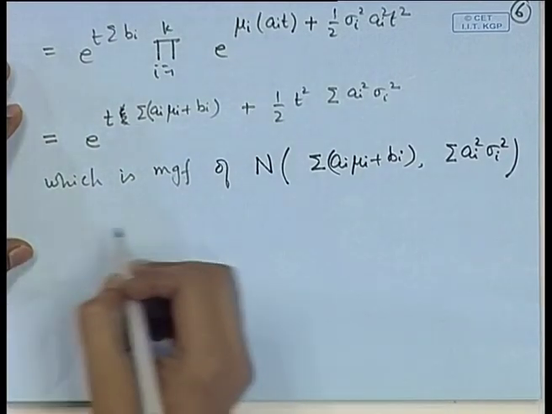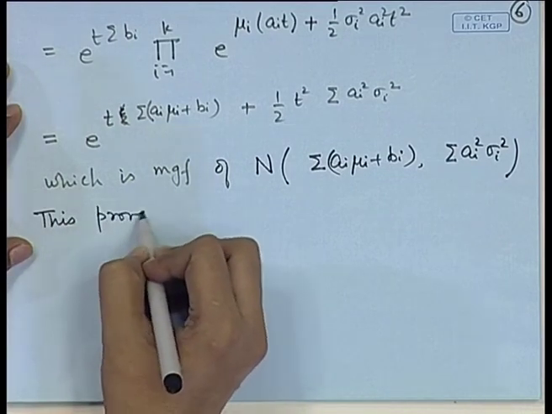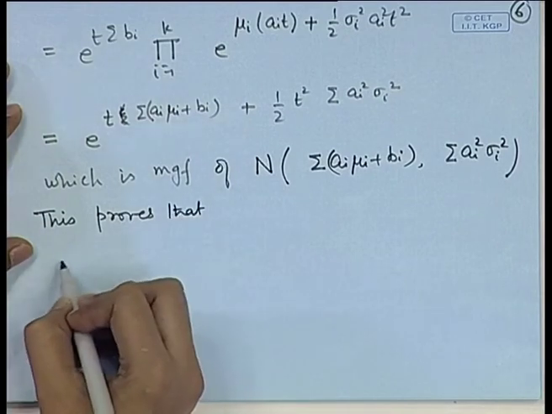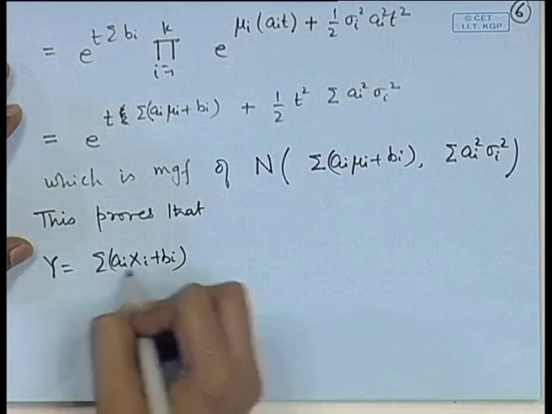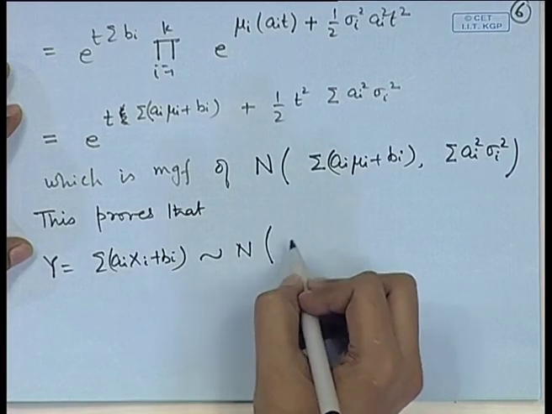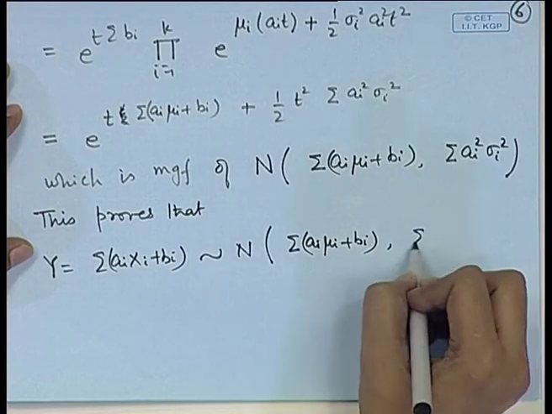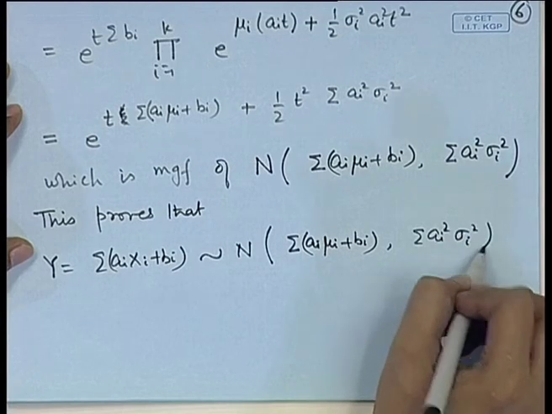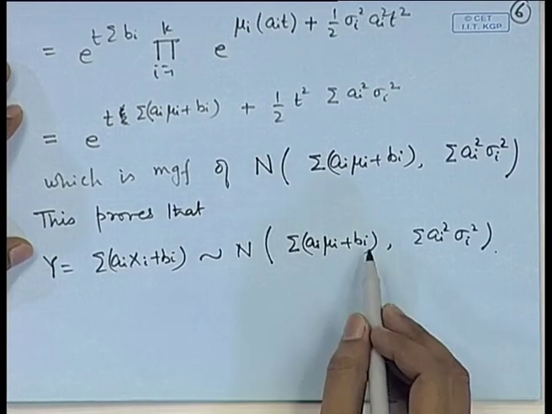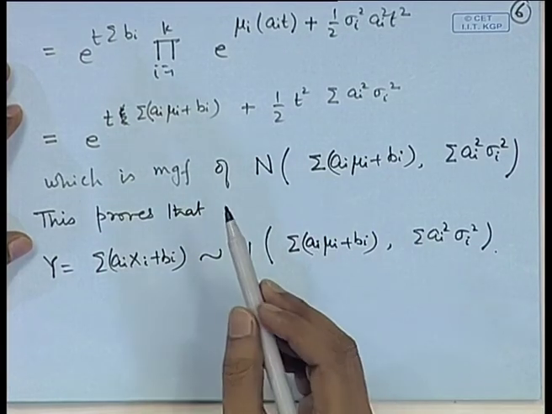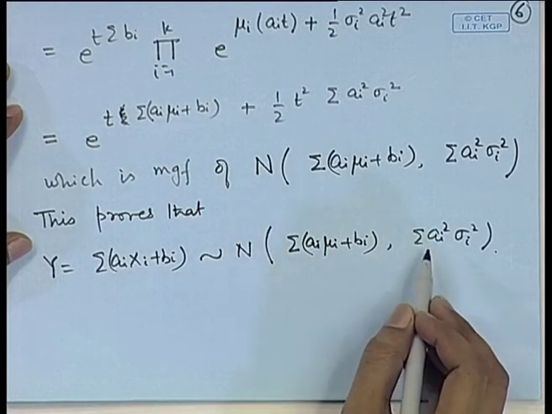So, by the uniqueness property of the MGFs, this proves that Y, that is equal to sigma a_i X_i plus b_i, follows a normal distribution with parameters sigma (a_i mu_i plus b_i) and sigma a_i square sigma_i square. So, in the case of normal distributions, it is not only the sums, but any linear combination of the independent normal variables follows a normal distribution.